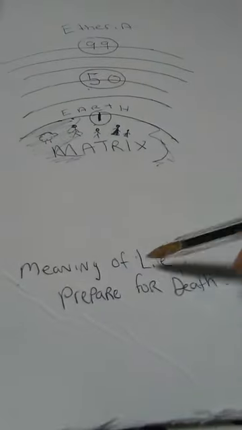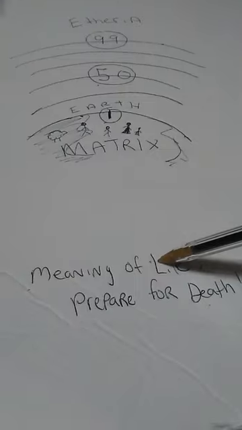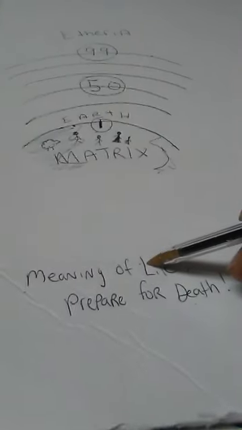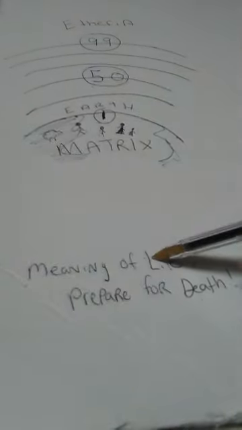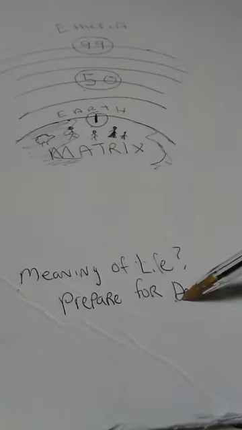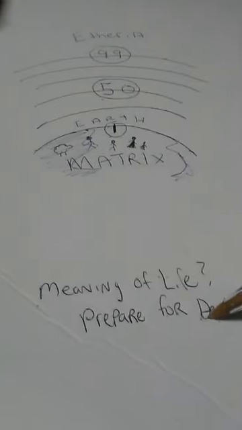The meaning of life is actually to prepare for your death. So while you're living, just know that you are on the path to dying one day. And so while you're living, the meaning of your life is to actually prepare for your death, because death is coming to us all. And once death hits home, you will be judged according to what you did in this matrix.